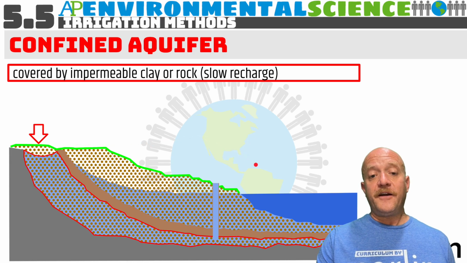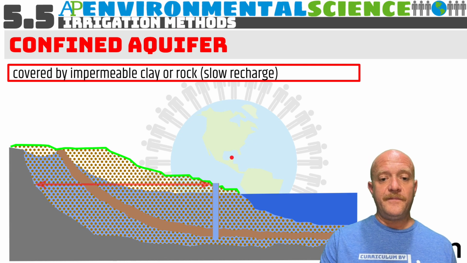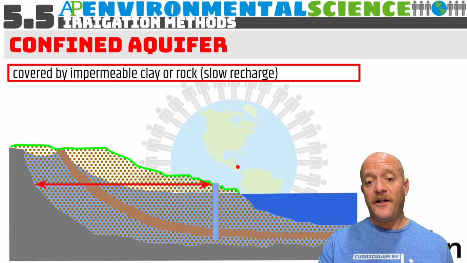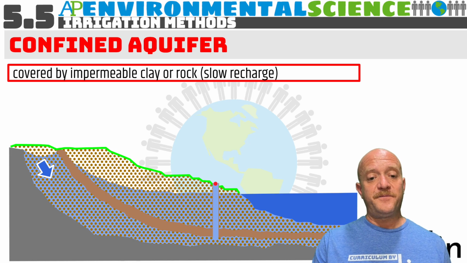Now with a confined aquifer, you can also get what is called an artesian well. That is when the water table in a confined aquifer is higher than a well or an area where the aquifer is exposed. So what happens is the water is pressing down.